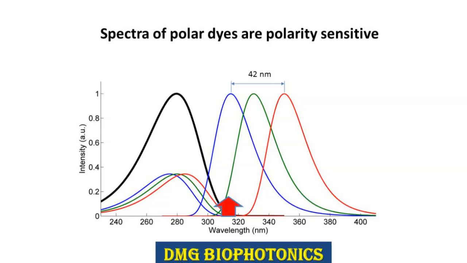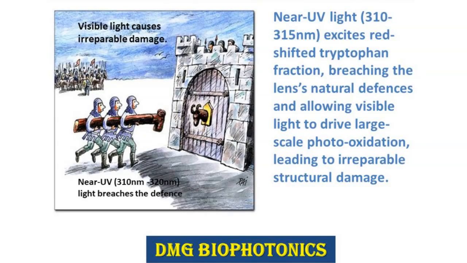Therefore, we suggested that it is this fraction that can be responsible for triggering the process of photo-oxidation in the lens, since it can be excited by UV light inside the lens and possesses an increased reactivity. This red-shifted tryptophan fraction acts as the vanguard, breaching the lens's natural UV defenses.